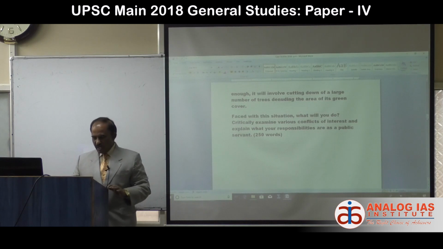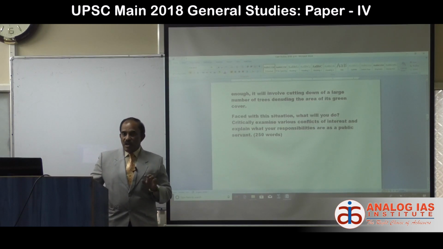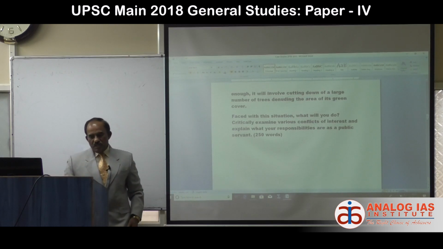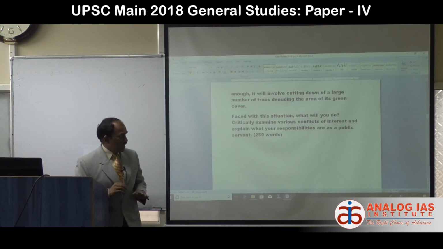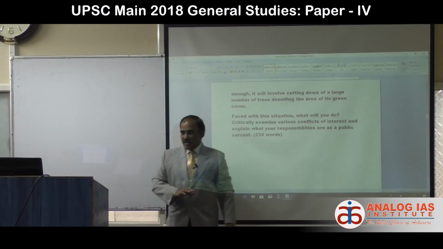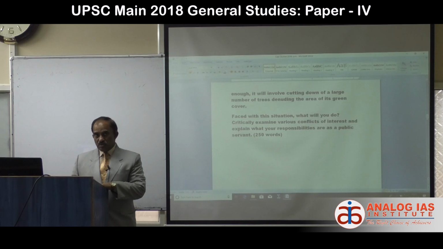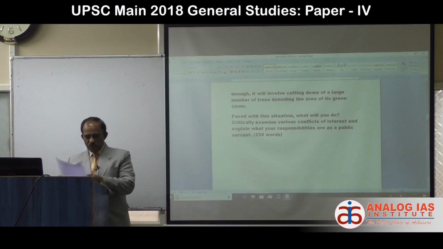The farmers will have to be rehabilitated, and there is an ecological and environmental issue also involved. For all these things, a public servant should go by the responsibilities cast on him, and he should not go by the word of a minister or somebody else, however great they are, if they violate the very canons of the administration or the foundational values.